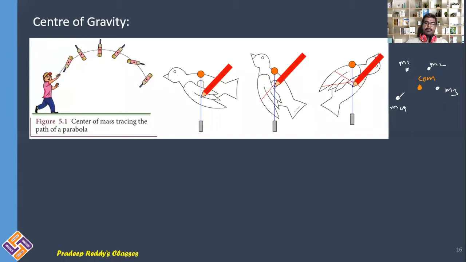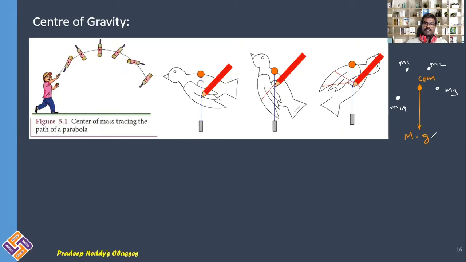Individually, upon each mass, there is a gravitational force acting in downward direction. Likewise, on the center of mass also, there is a gravitational force acting in downward direction. That is mass into acceleration due to gravity, and this mass is the total mass which is concentrated at the center of mass.